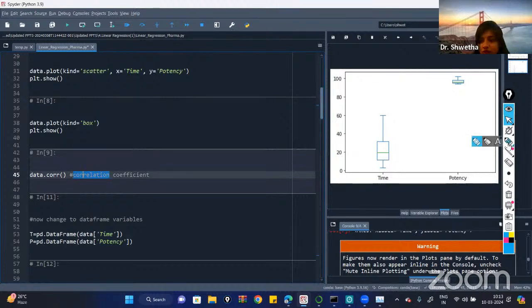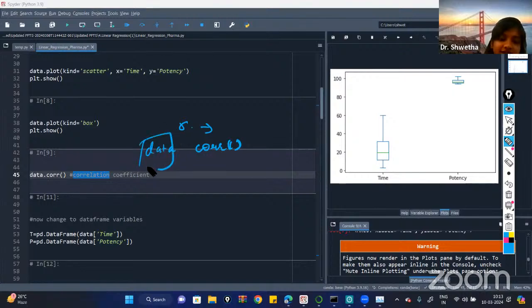Next, we are going for the correlation coefficient. To calculate the correlation coefficient, we can use a built-in function, that is corr. data.corr, where data is our data frame, and .corr with parentheses will calculate the correlation coefficient for this data.